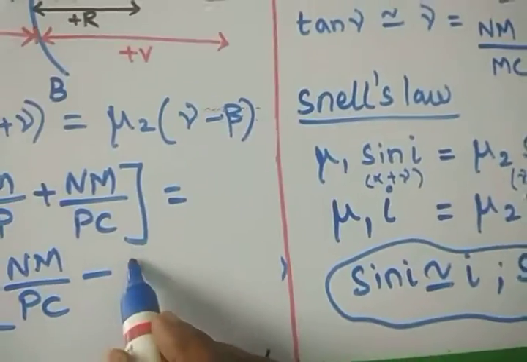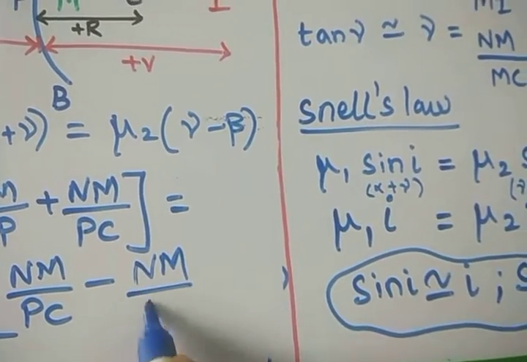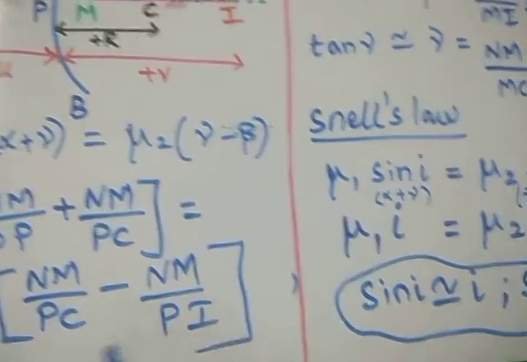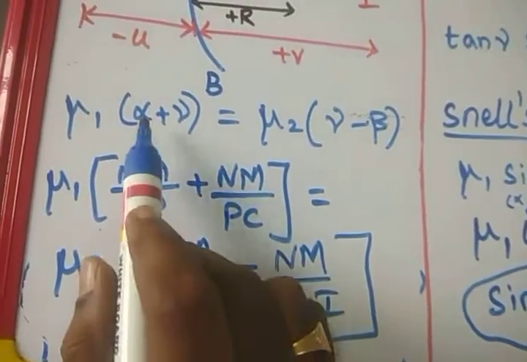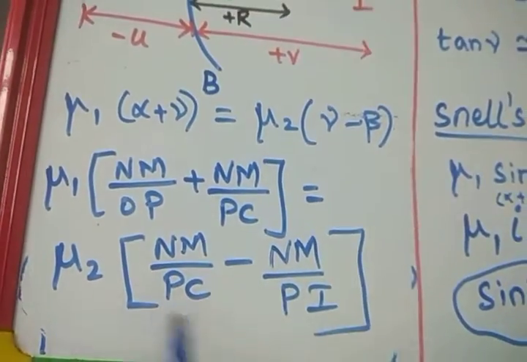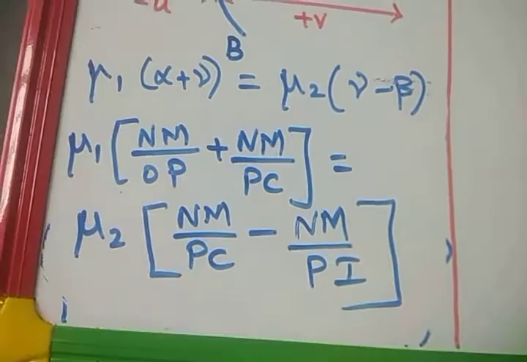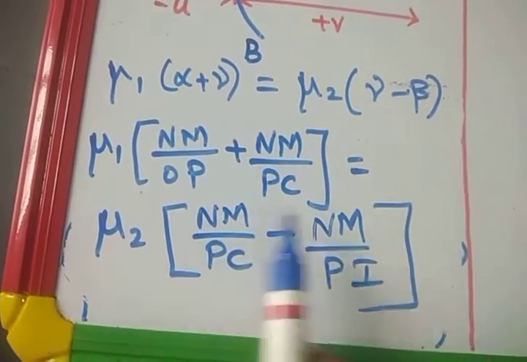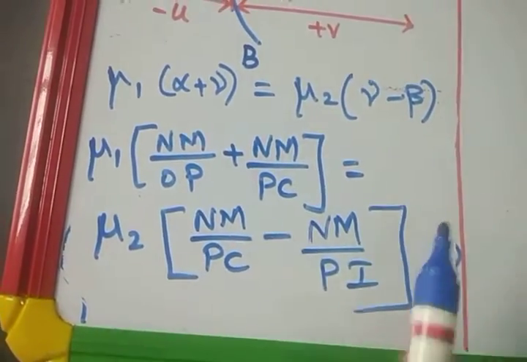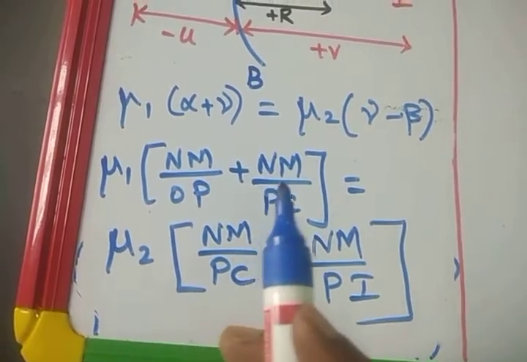Nm by Pi. So we just substitute alpha, gamma and beta values in these equations. Here Nm is common in both left side and right side. It will be taken outside and removed.